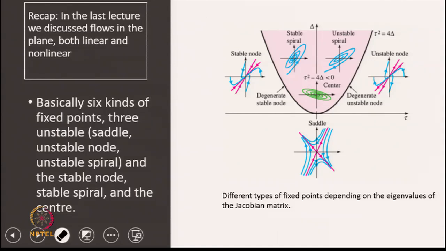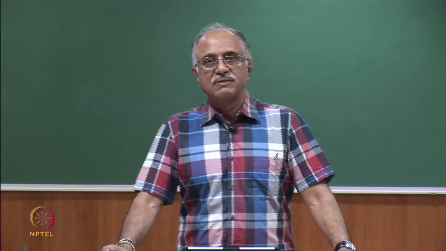If tau squared is greater than 4 delta, one has nodes, and depending on the magnitude of the eigenvalues, you can have unstable nodes. If tau squared is less than 4 delta, one has spiral behavior. If delta is negative, one has saddles, and if delta is positive, one can either have a center or stable and unstable spirals. So these are the kinds of behaviors that one can find for systems on the plane.